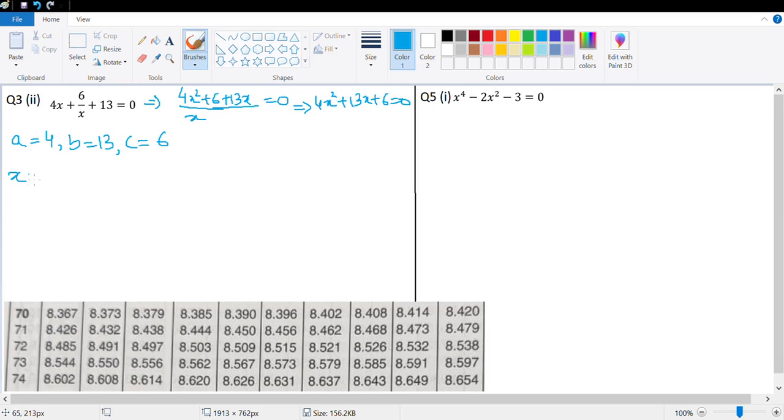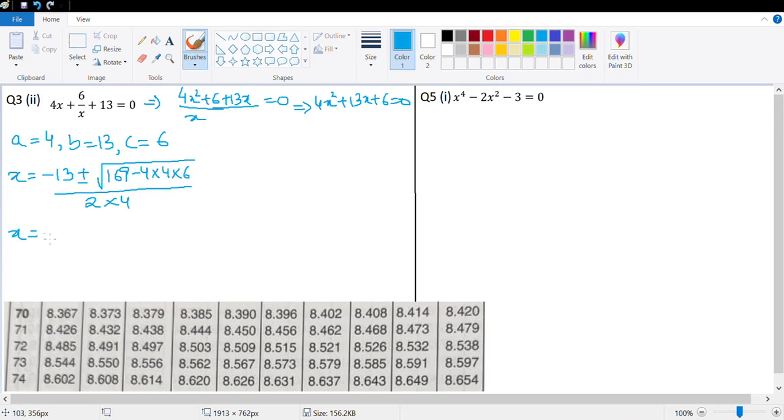Yes, so x will be equal to minus b, which is negative 13, plus minus square root of b square, which is 169, minus 4 into 4 into 6, that's 4ac, upon 2a, which is 2 into 4.